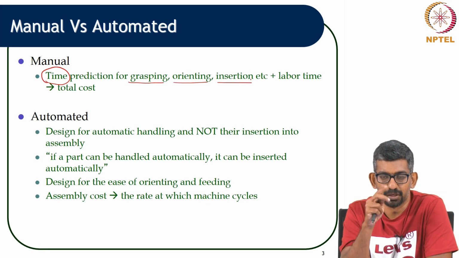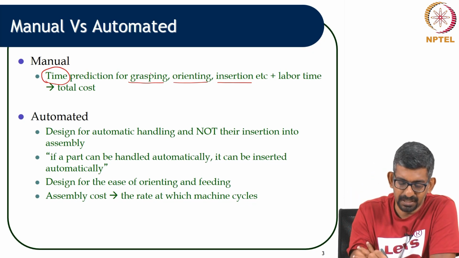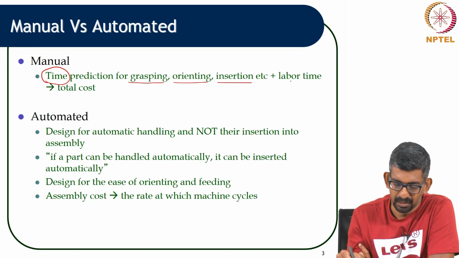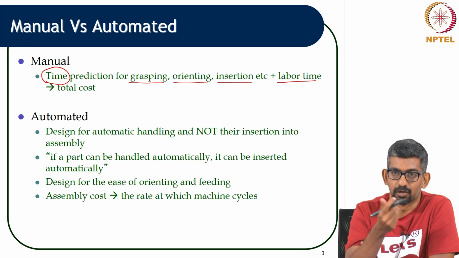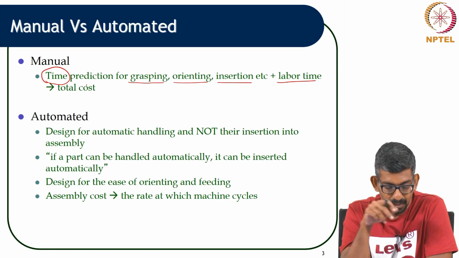We used two quantities, if you remember: handling and insertion. Handling is basically grasping and orienting, and insertion again is orienting and insertion. Plus, of course, we have the labor time, the labor cost basically, that will govern the total cost.